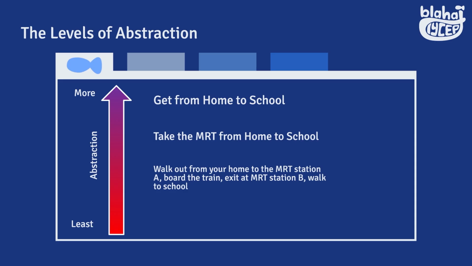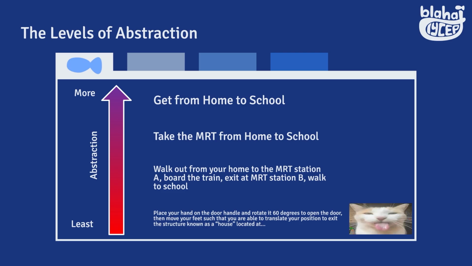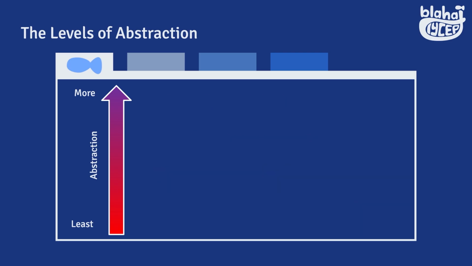Walk out from your home to MRT station A, board the train, exit at MRT station B, walk to school. We're gonna see one-to-one how this corresponds later. And then at the lowest level with a lot of granularity, you're giving them precise instructions on how to move their limbs and so on. Okay, so hopefully that forms the basis for what we're gonna look at next.